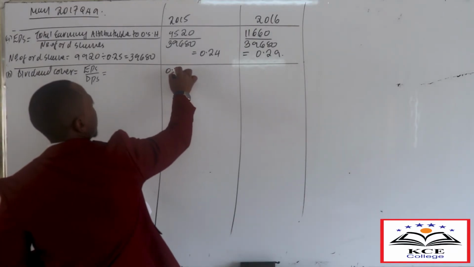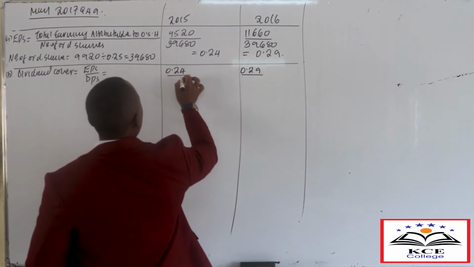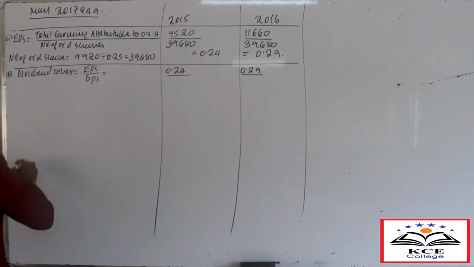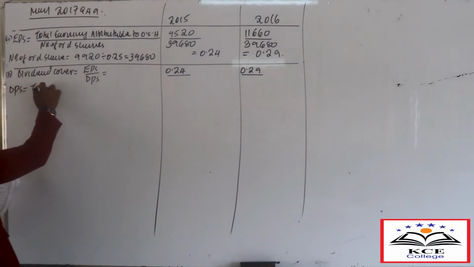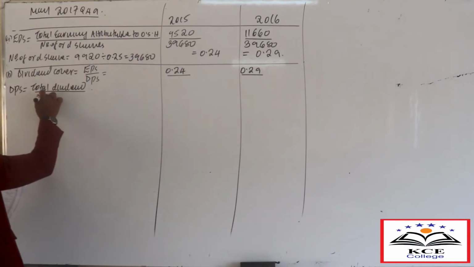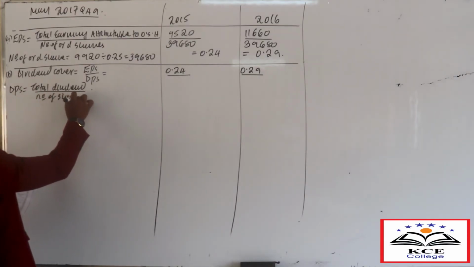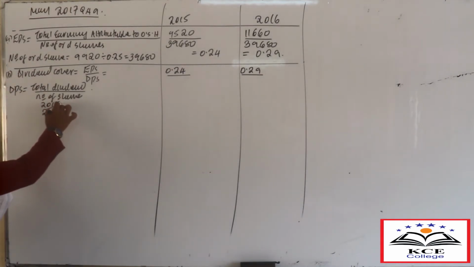This is 0.24 and 0.29. You divide by the dividend per share. How do we get the dividend per share? To get the dividend per share, you take the total dividends and divide by the number of shares. So we compute for 2015 and 2016.